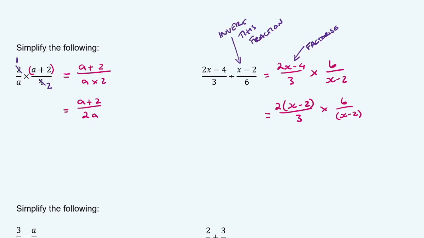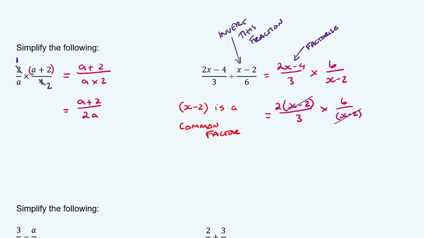We have the bracket as the common factor. So that whole bracket of x minus 2 is a factor that is common.